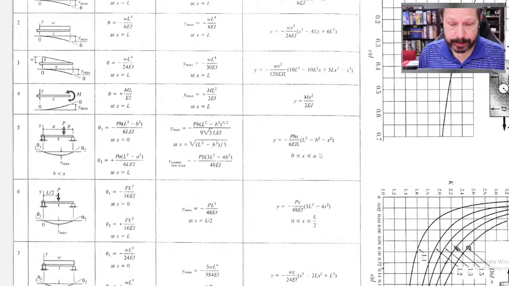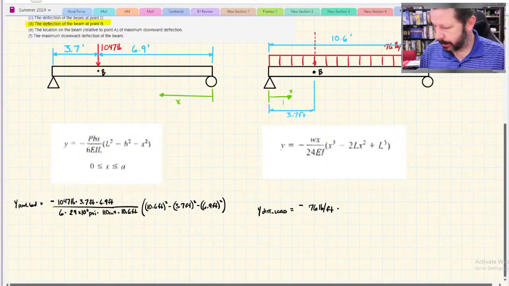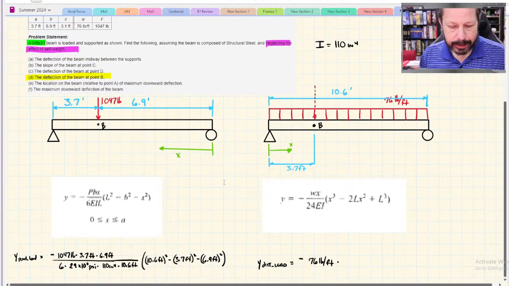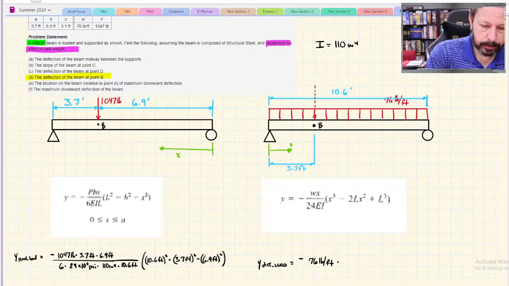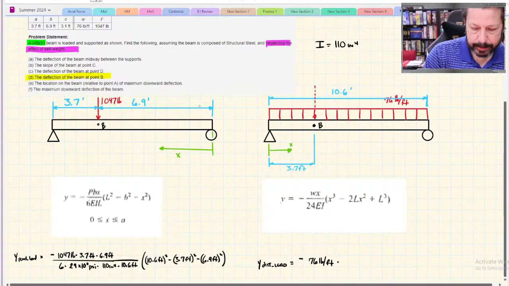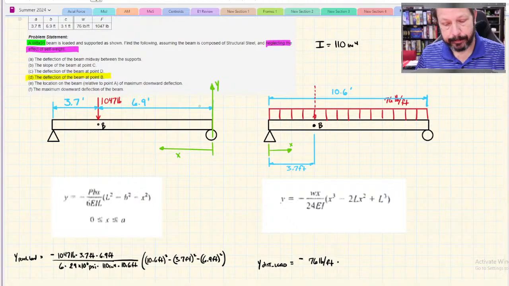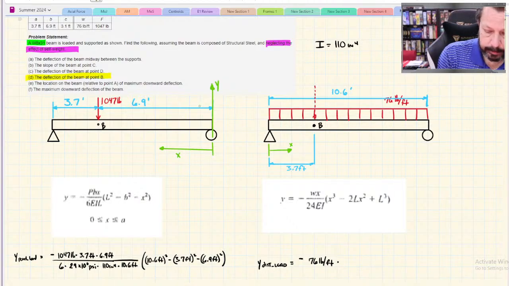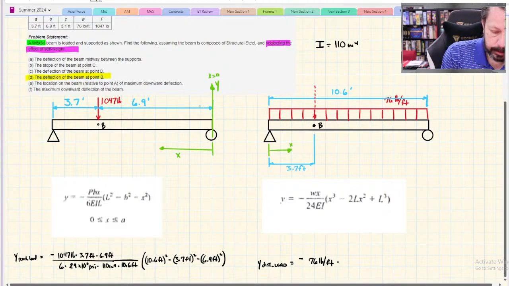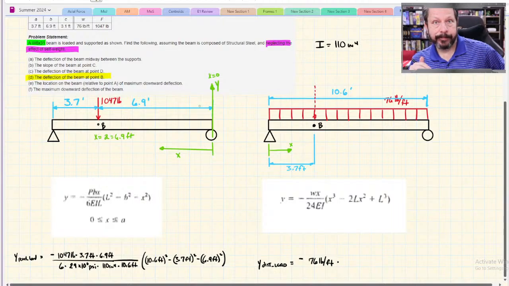But for our setup, we had to put the y-axis on the right-hand side, associated with the longer distance. You know, x equals 0 here, and x equals a, 6.9 feet, at point B.